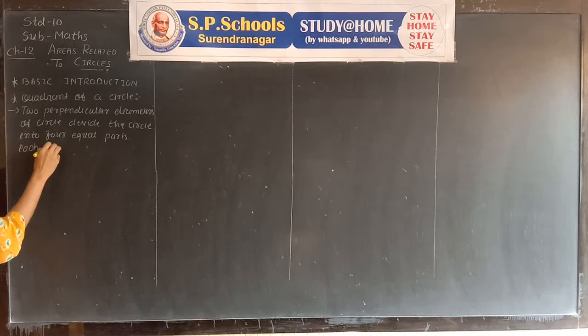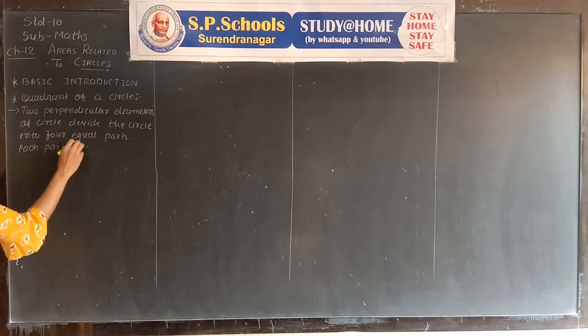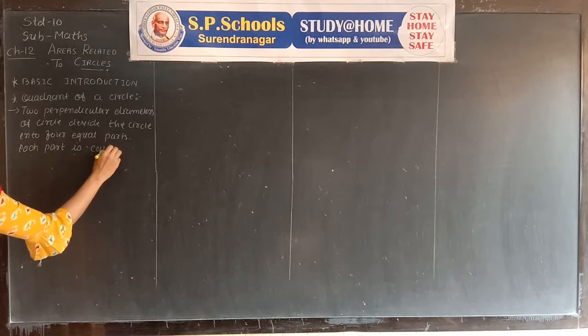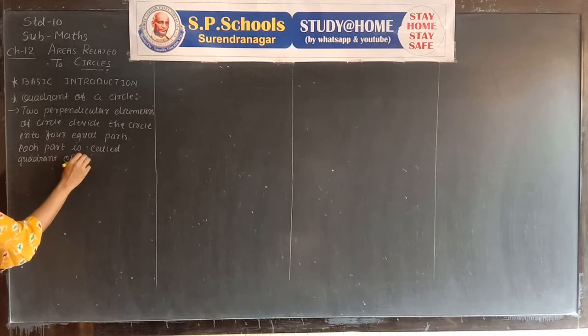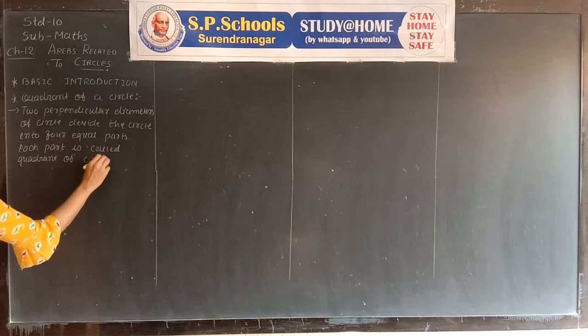Each part is called a quadrant of the circle.